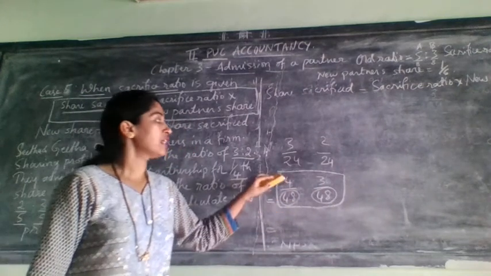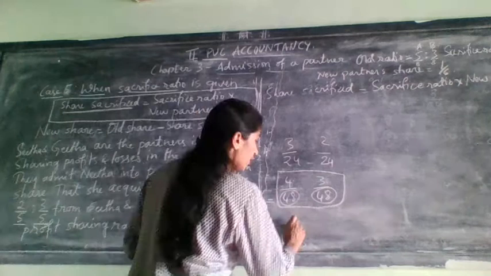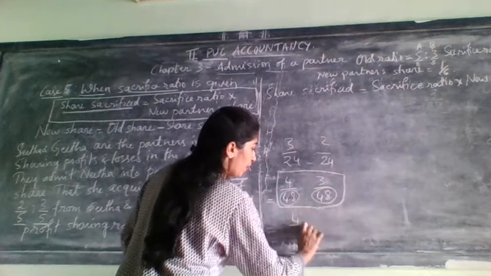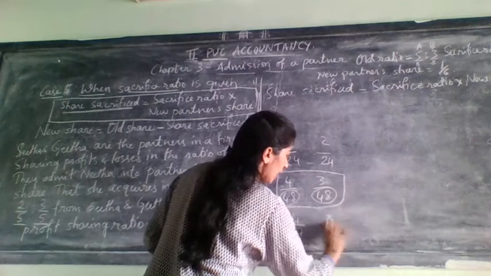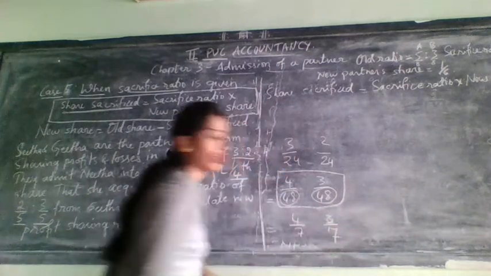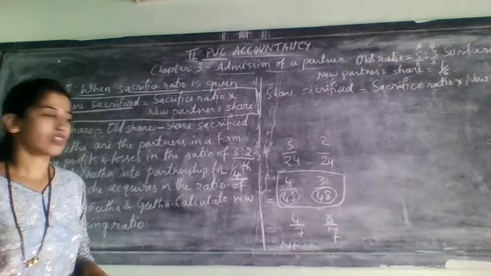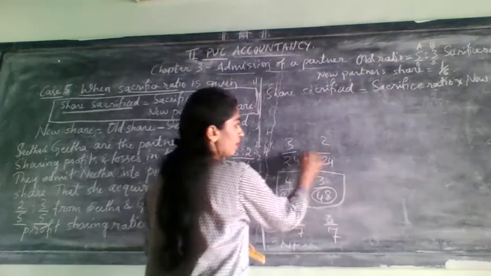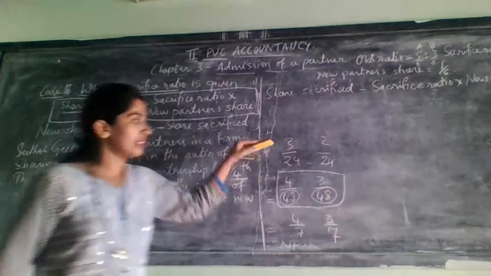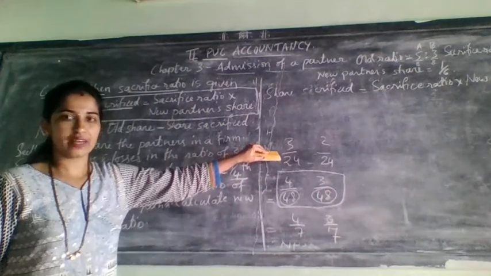But if you add these two, if they have given 4/7 and 3/7, 4 plus 3 is 7, this is considered as sacrifice ratio and not sacrifice share. If they have given a higher number below like this, this is considered as sacrifice share.